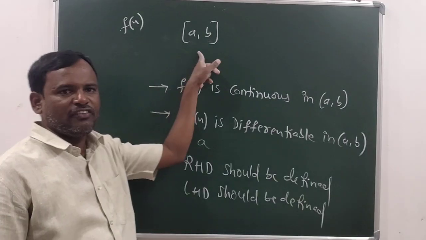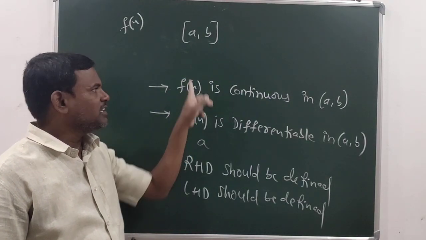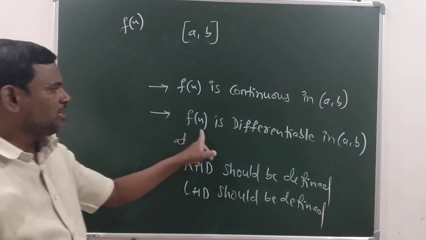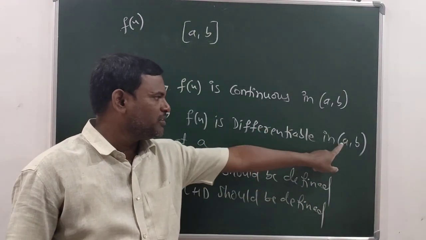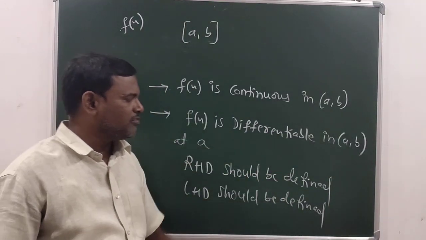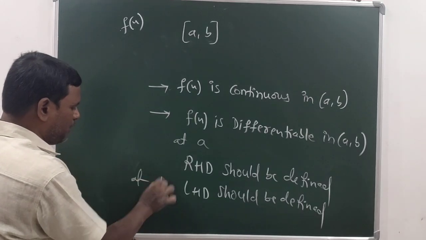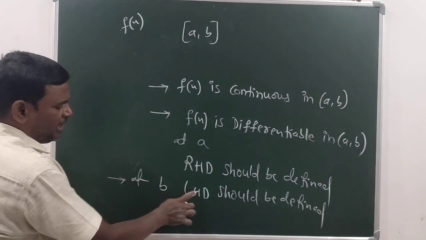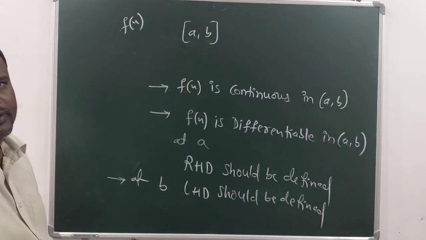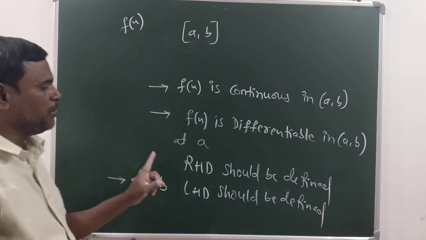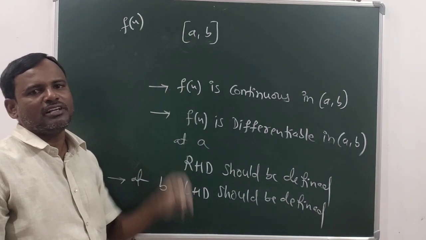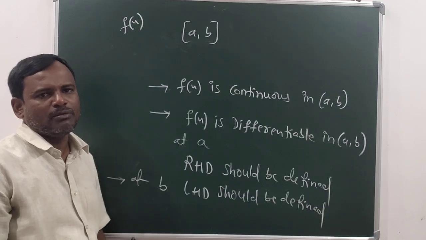This function is differentiable in this interval whenever it is continuous in the open interval a comma b, differentiable at every point which belongs to the interval, the RHD of the function at a is defined, and the LHD of the function at b is defined. I hope you have understood. Like this, you have to check whether the function is differentiable or not in the closed interval a comma b.